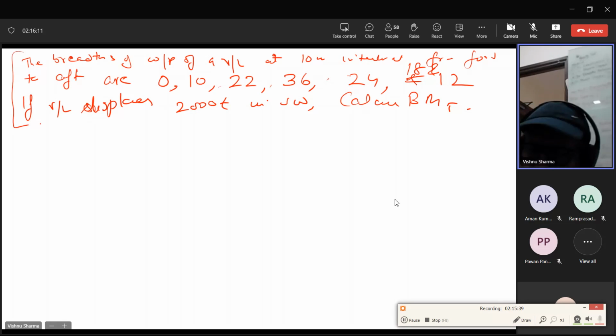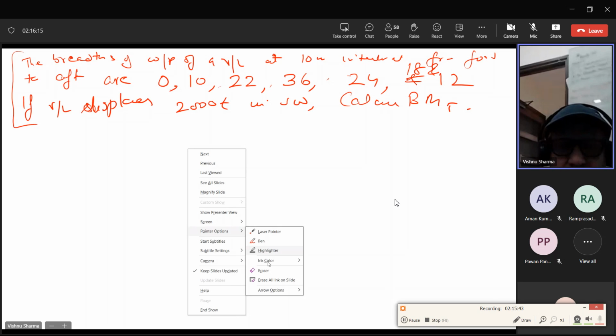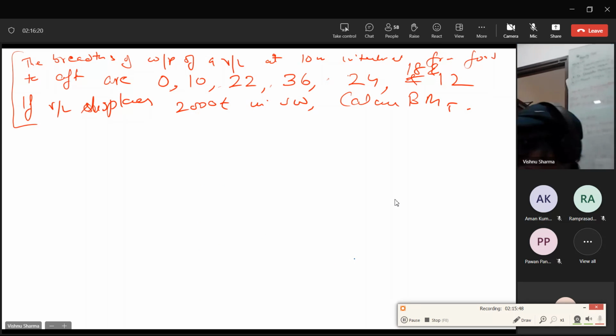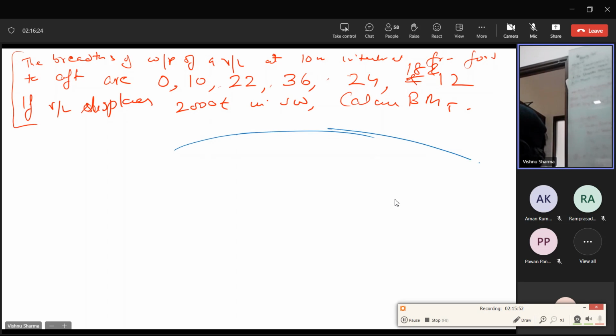This is for somebody who was doubtful about what to do when full breadths are given. Now for this question, the diagram you will make would be like this again. It's 0 at the forward end and 12 at the after end.